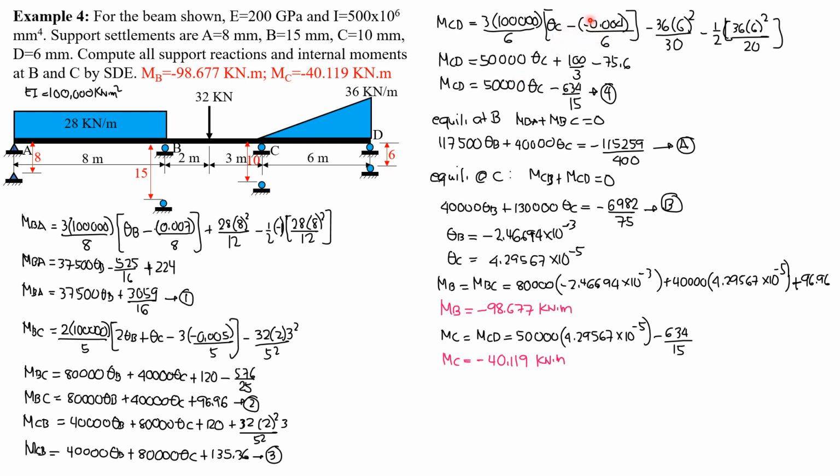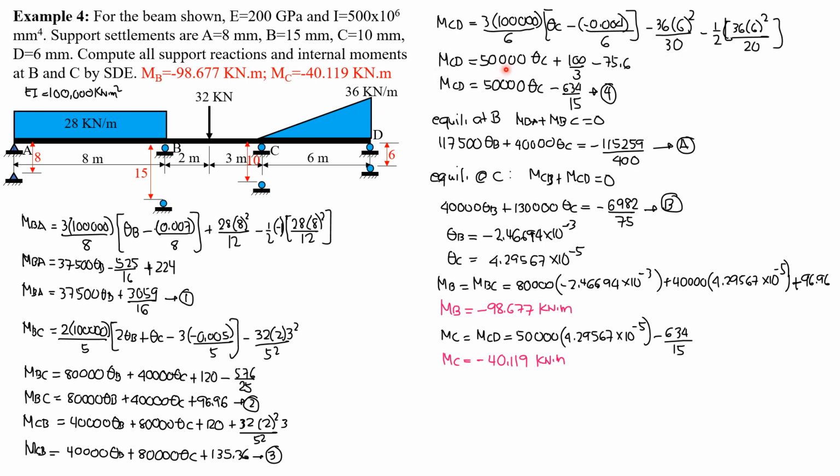So theta C minus negative 0.004 over 6. Then the fixed moment at C is negative WL square over 30, negative 36 times 6 square over 30, minus 1 half the fixed moment at D, which is positive, so minus 1 half 36 times 6 square over 20 at this end. So remember the fixed moment formula for triangular loading.